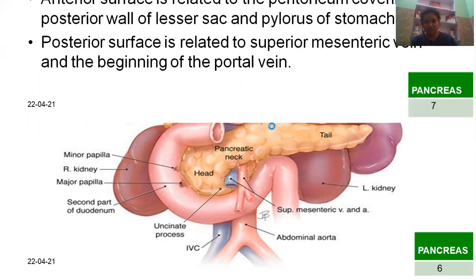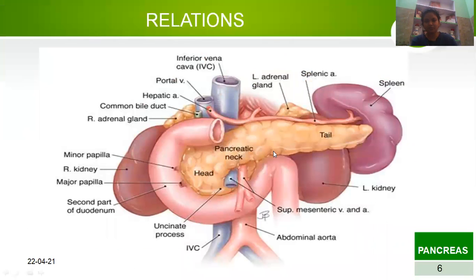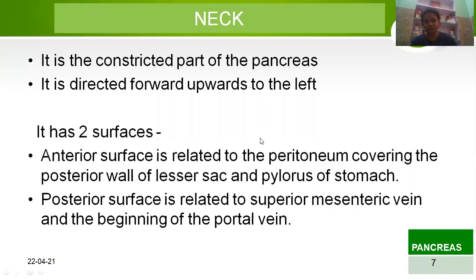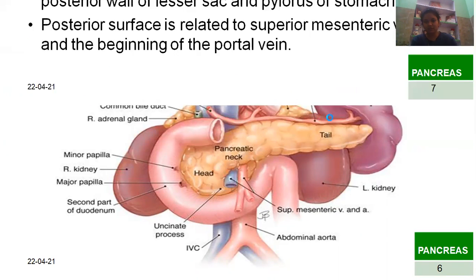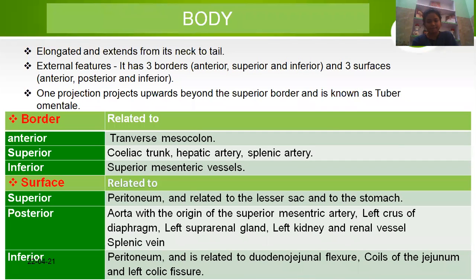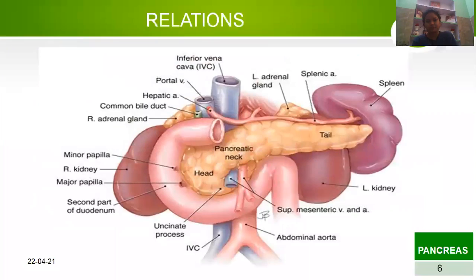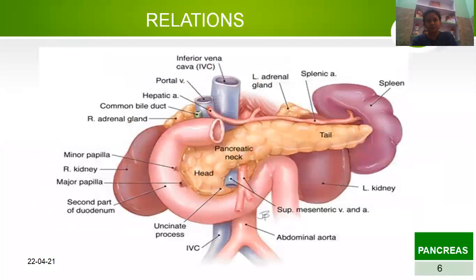So the body is related to the duodenojejunal flexure, superior mesenteric vein with the aorta, left adrenal gland, splenic artery, etc. This is the superior border. This is the inferior. This is the anterior.